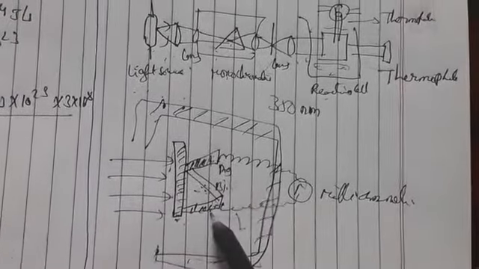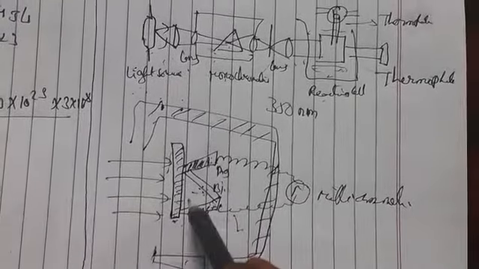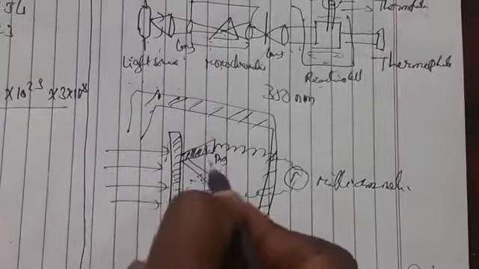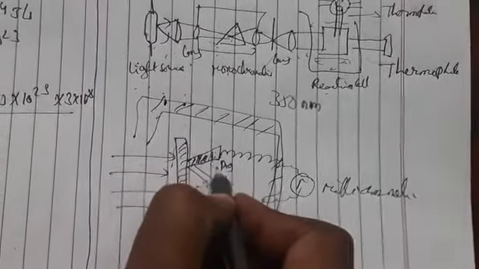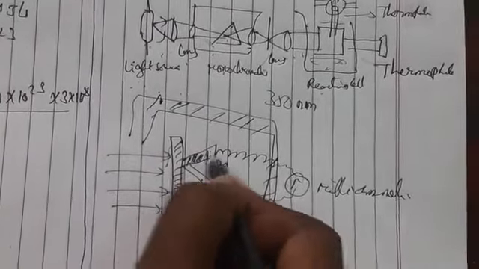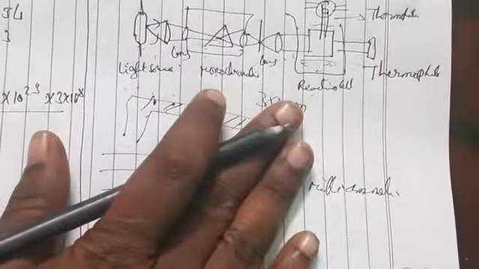Whenever the radiation falls on the blackened metal strip, it is almost completely absorbed by it.